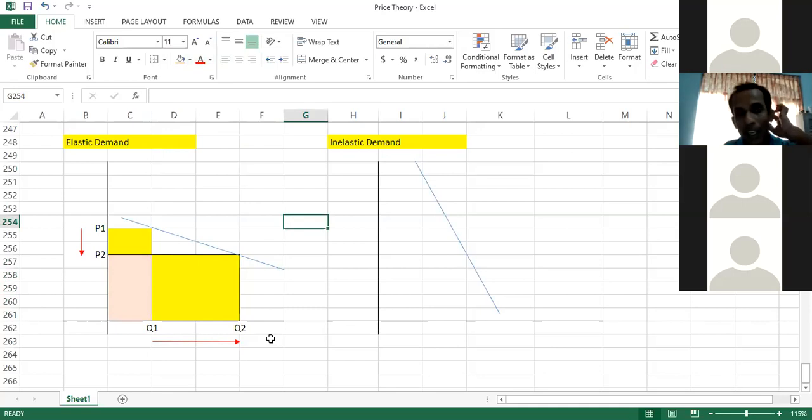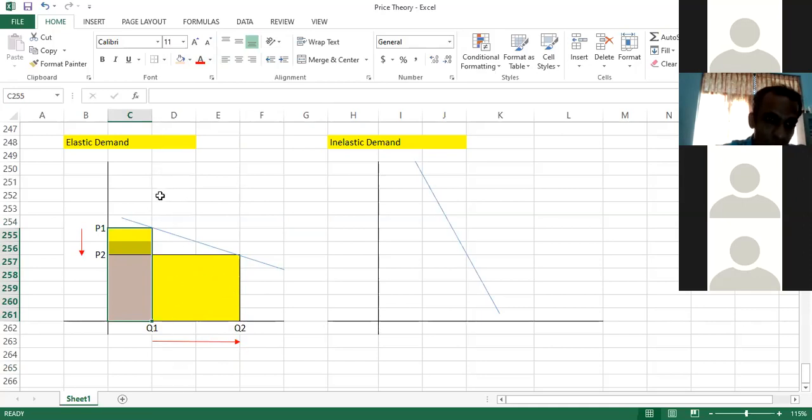Now we can identify one important point from this diagram. This part was common, but this is the incremental revenue based on the previous one, due to the new one. In other words, this was the initial revenue, and when they decrease the price, this revenue decreases, but this is the increase.